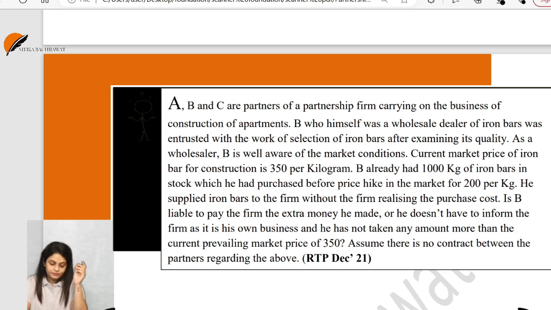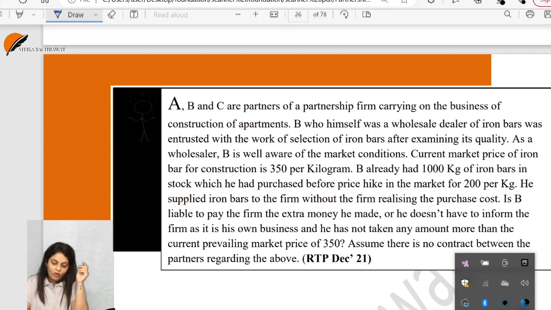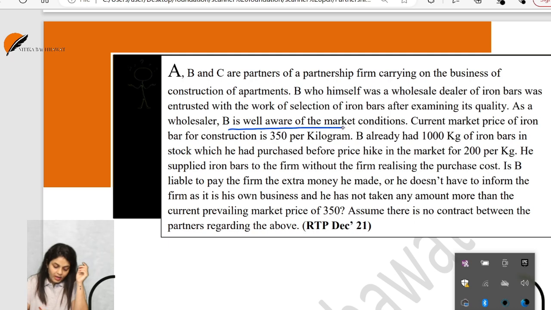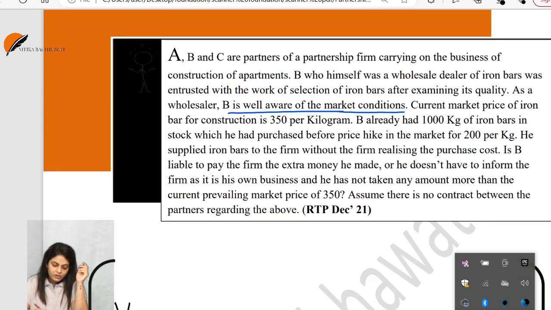A, B and C are partners of a partnership firm carrying on the business of construction of apartment. B, who himself was a wholesale dealer of iron bars, was entrusted with the work of selection of iron bars after examining its quality. As a wholesaler, B is well aware of the market conditions. Current market price of iron bar for construction is 350 per kilogram.